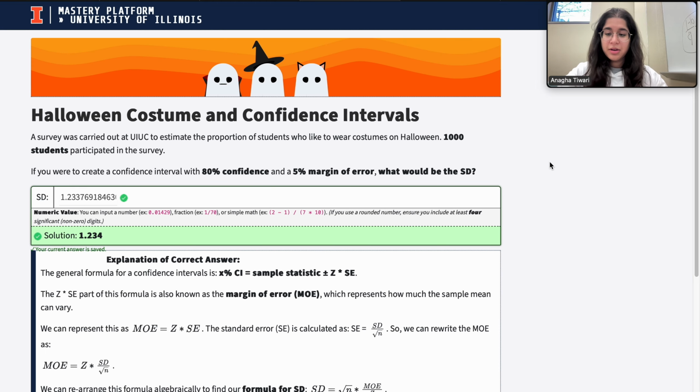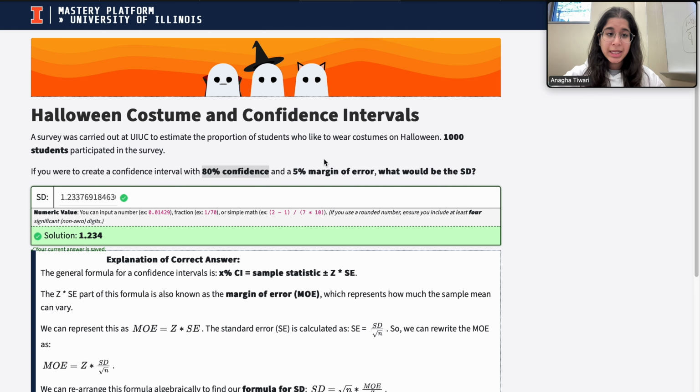So in this problem, you basically just have to solve for the sample standard deviation. I think that's maybe the hardest part: getting the algebra right and knowing what your z-score is for that 80% confidence interval.